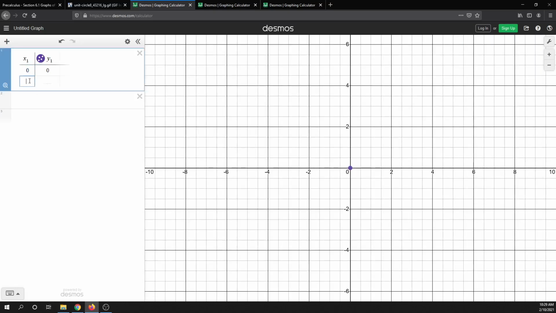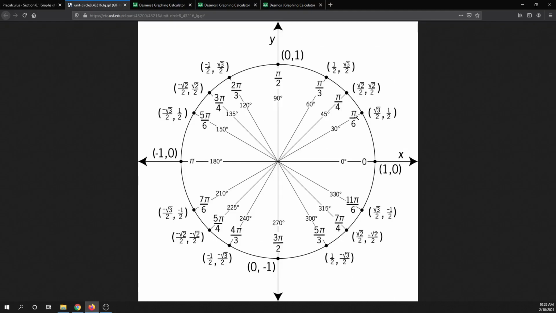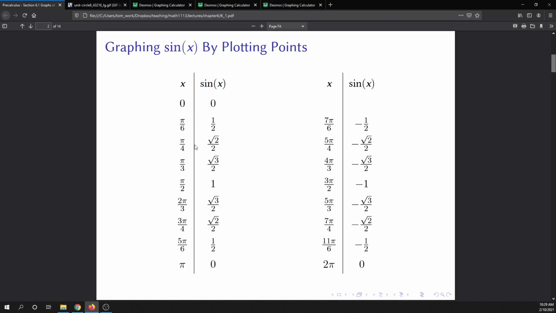The next point was pi over 6, and for sine it was 1/2. The next point that we had was pi over 4 and square root 2 over 2. So I'm basically following along the unit circle here, but I'm graphing it as if they were ordered pairs.